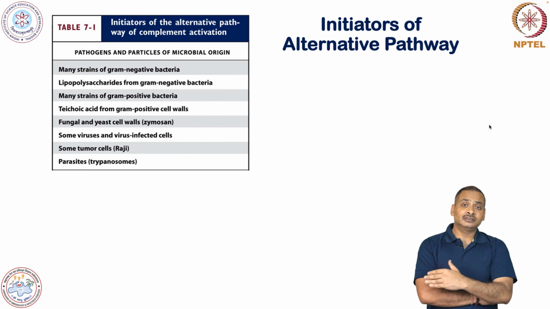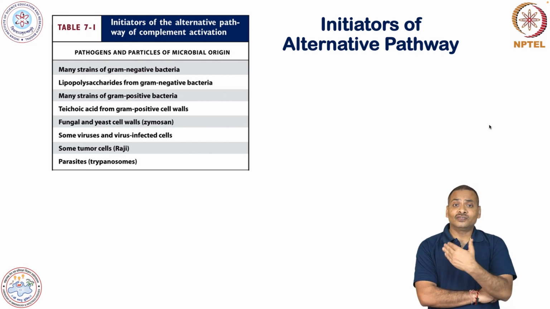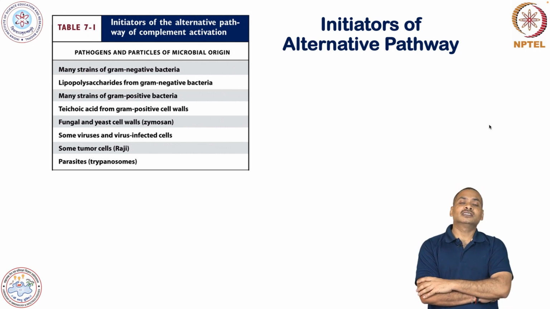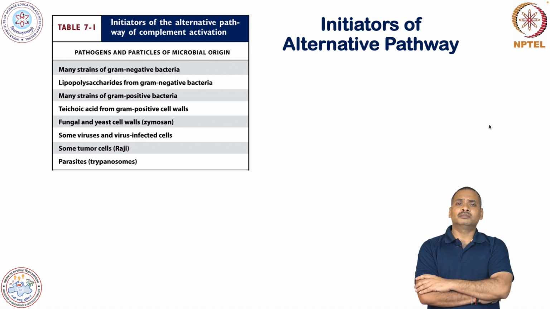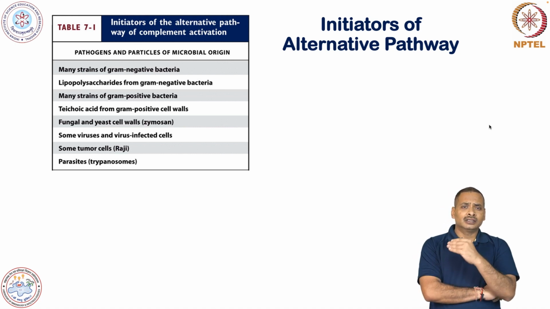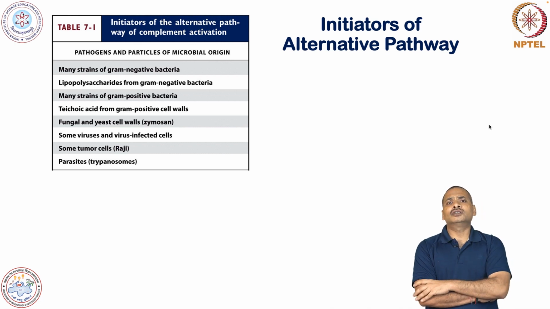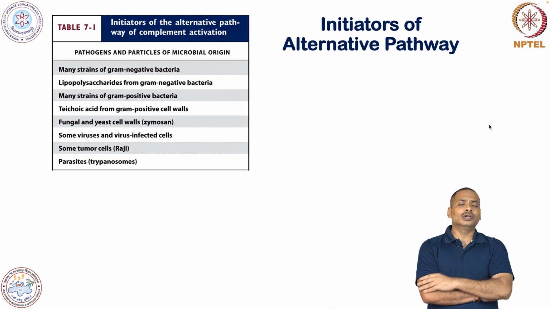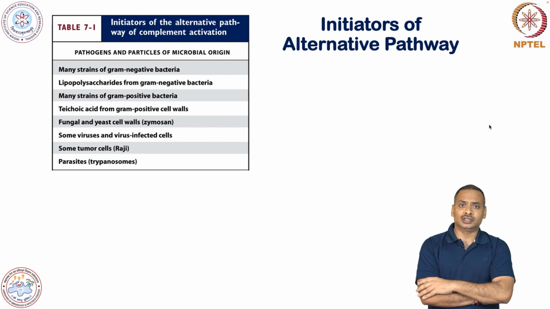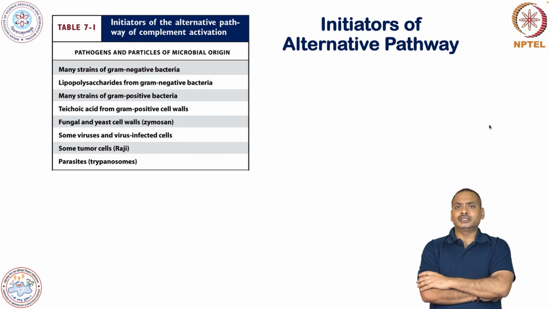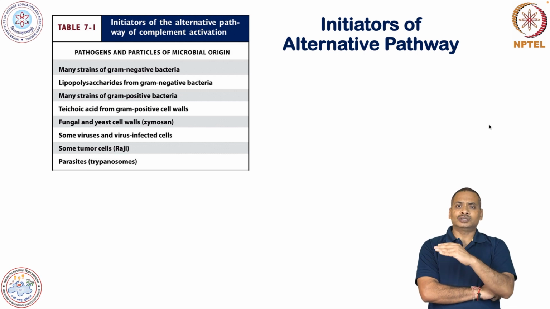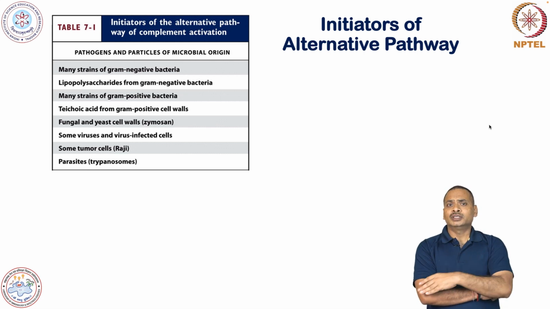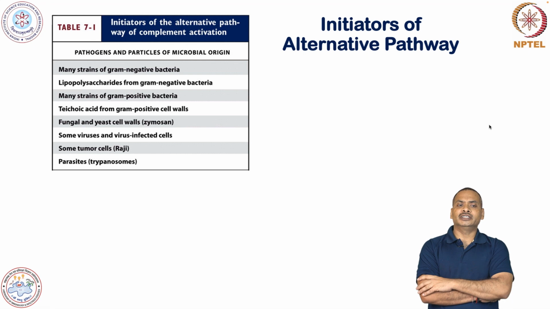In addition, besides bacteria, fungi can also trigger the alternative complement pathway. One of the key components of the fungal cell wall is beta glucan, also known as zymosan. So this beta glucan or zymosan can also initiate the alternative pathway.